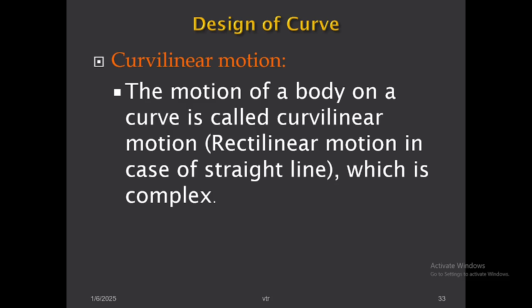Because of the change of velocity, there will be acceleration. That acceleration is not because of speed, but because of the change of direction. We say it is a lateral or radial acceleration with respect to the center, otherwise called centripetal acceleration, and centrifugal acceleration in the opposite direction.